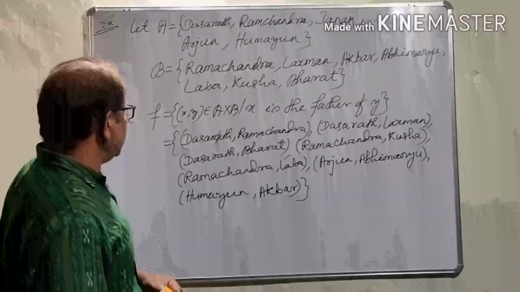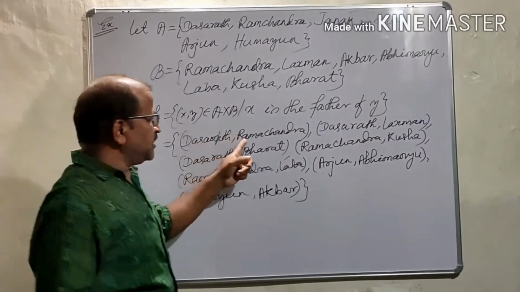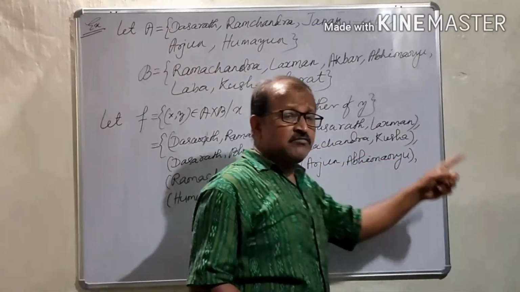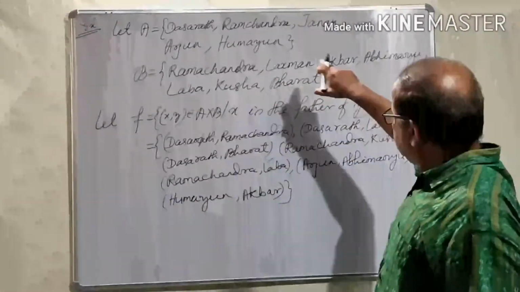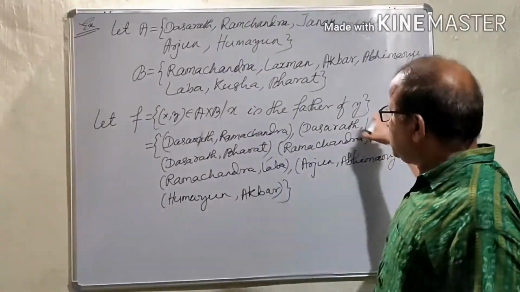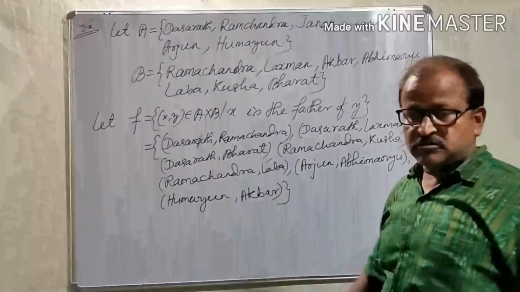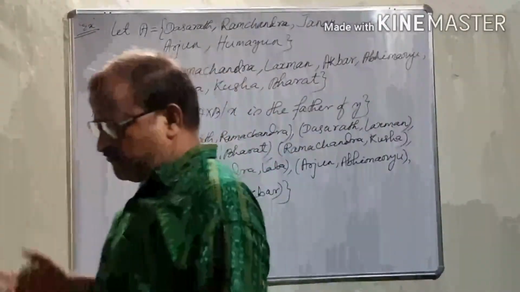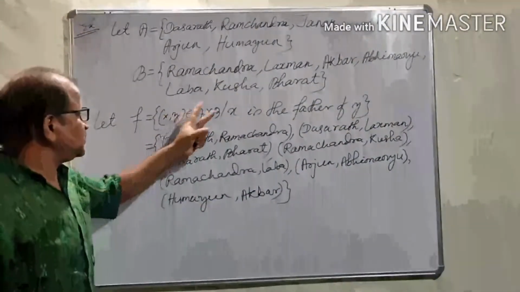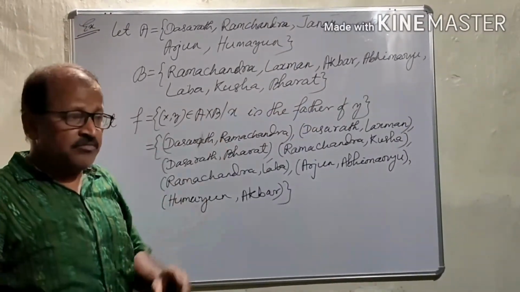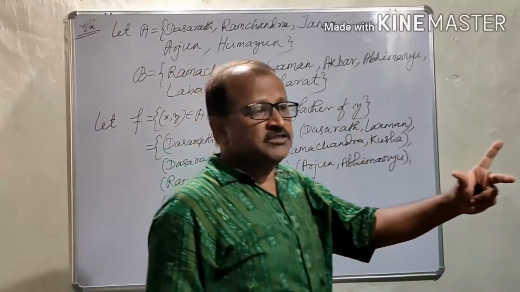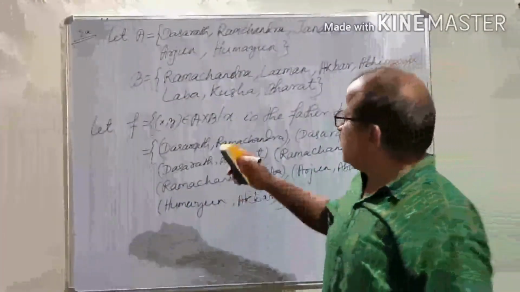Here you see, Dasarath is related to three elements of B: Ramachandra, Lakshman and Bharat. It is obvious for the fatherhood relation, (x, y) such that x is the father of y, that it must be one-many, because one father can have more than one child.